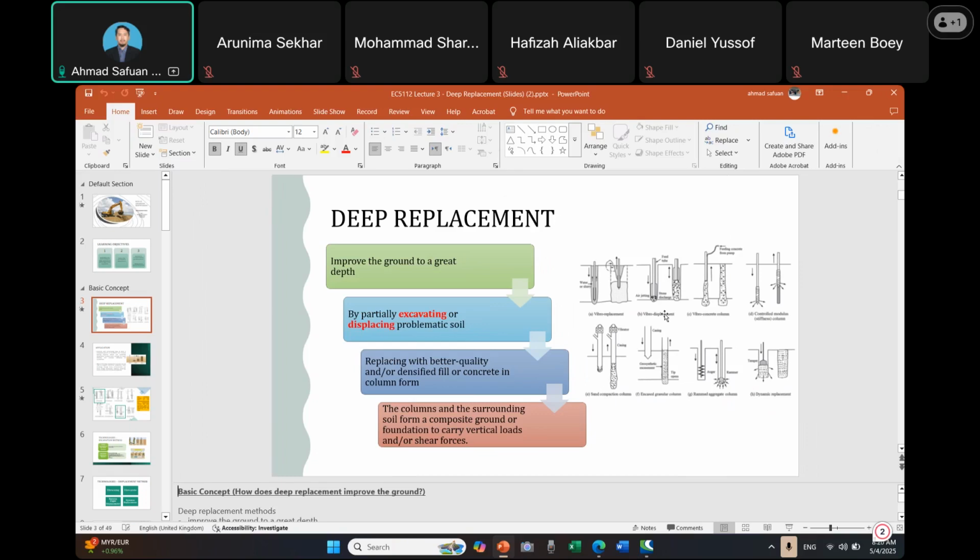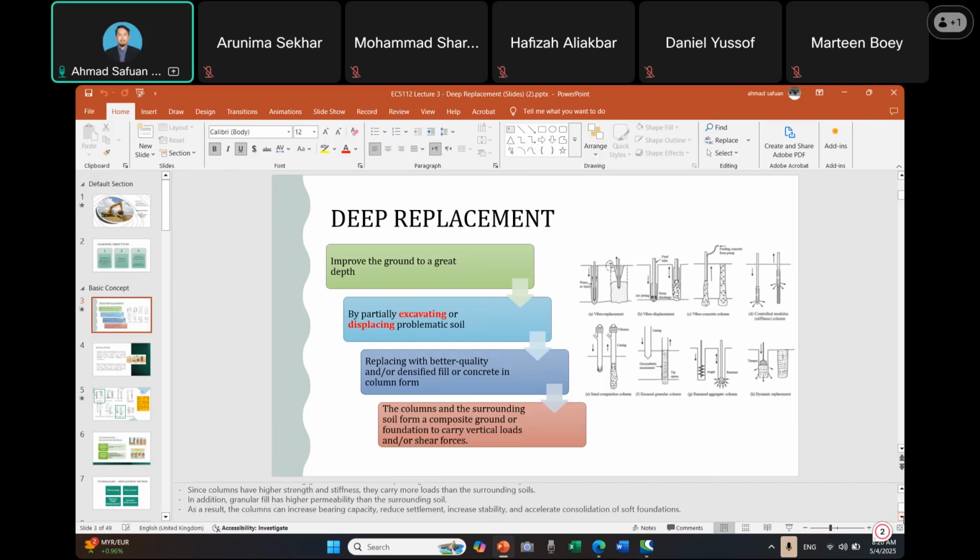The column and the surrounding soil form a composite ground or foundation to carry vertical loads or shear force. I mentioned before the term composite.